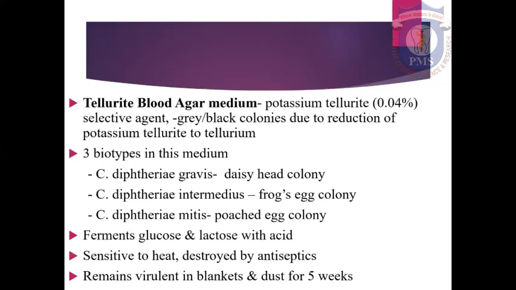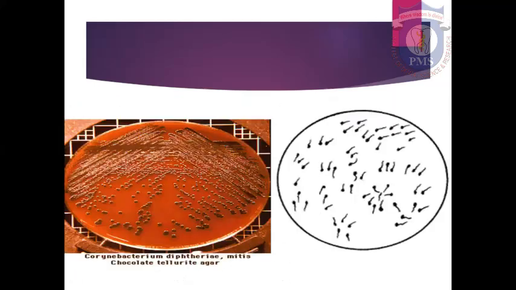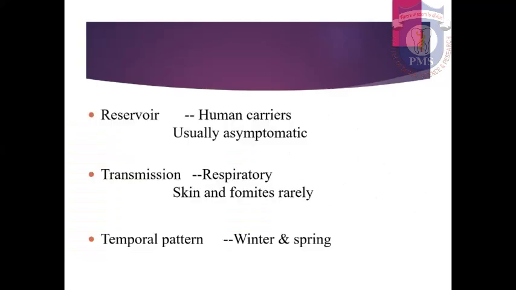This bacterium ferments glucose and lactose with acid production. They are sensitive to heat, destroyed by antiseptics, and remain virulent in blankets and dust for about 5 weeks. This is the figure showing the growth of Corynebacterium diphtheriae in mitis chocolate tellurite agar.